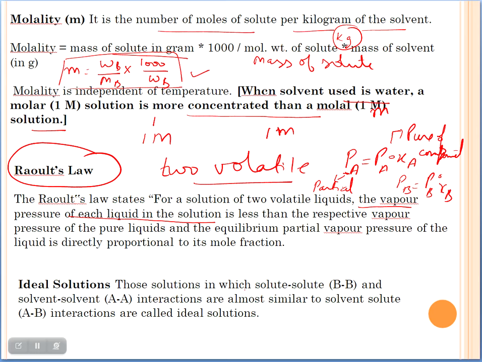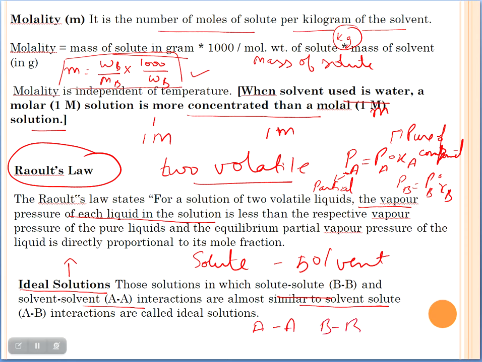Next, there are two types of solutions on the basis of Raoult's law. Ideal solution, which follows Raoult's law, is known as ideal solution, and there is attraction between the solute and the solvent particles. The solution in which solute B and solvent A interaction, that is A-B, is almost similar to the A-A and B-B interactions.